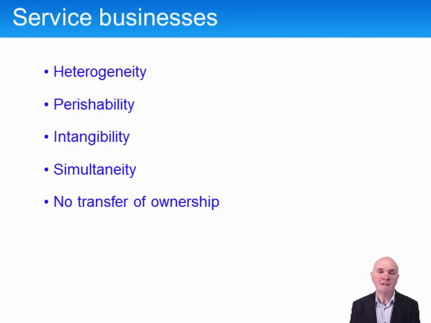First of all, heterogeneity. This means that what is supplied to each customer tends to be very different in service industries compared to manufacturing industries, where very often it's mass-produced identical products. In terms of a hotel, we were told they had a range of hotels, so the products are going to be different.